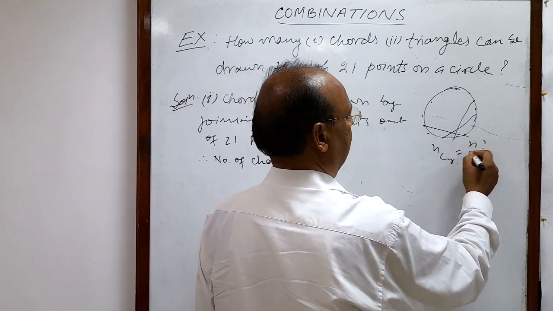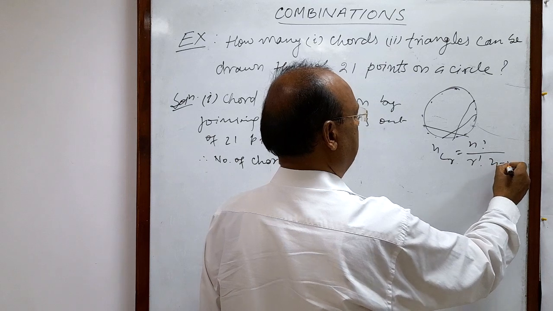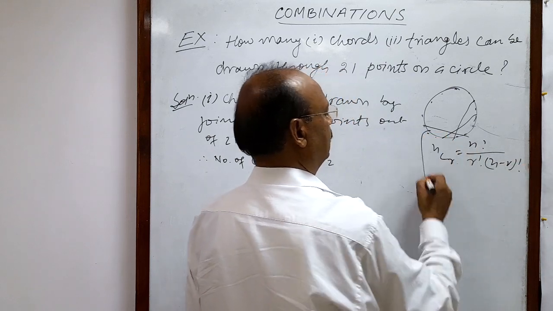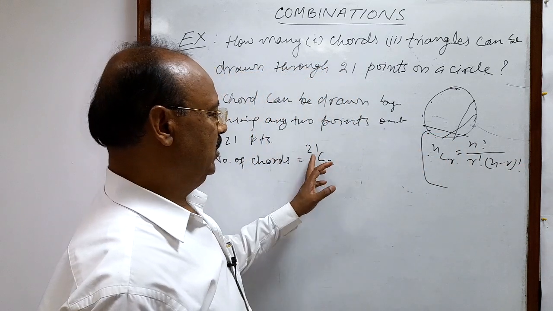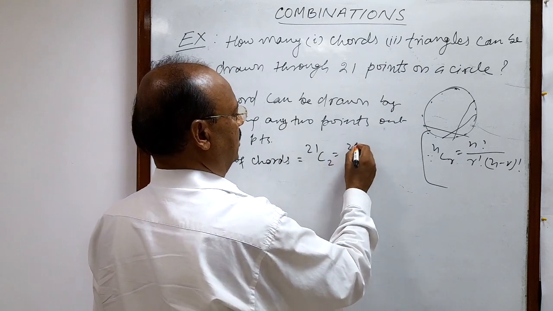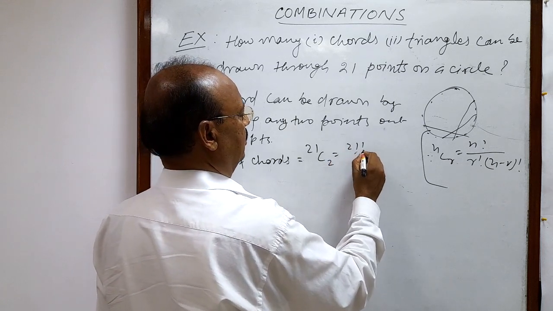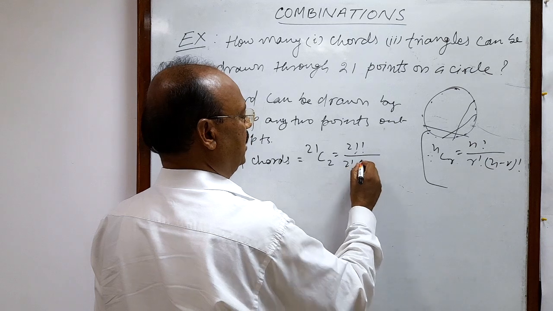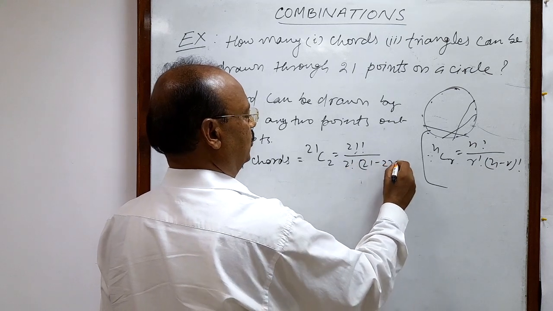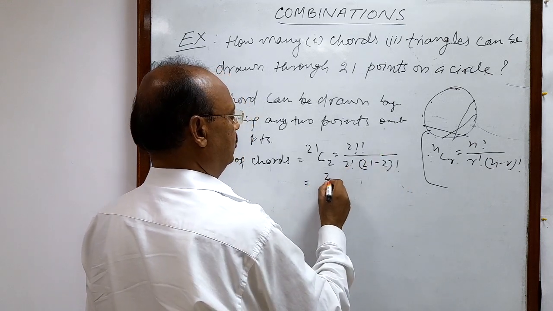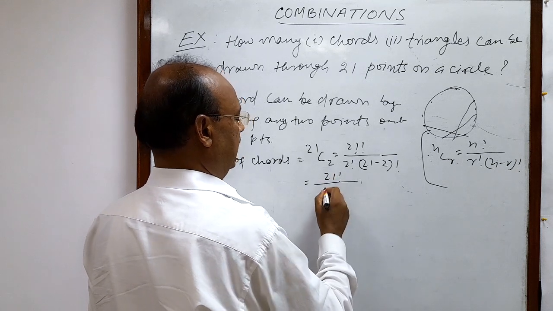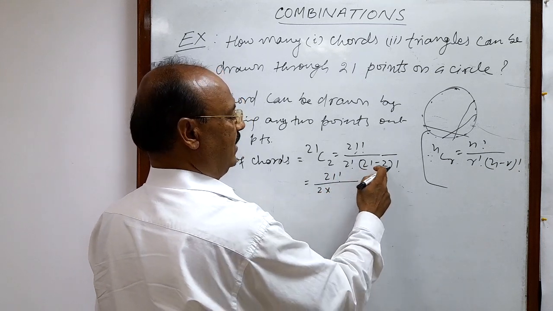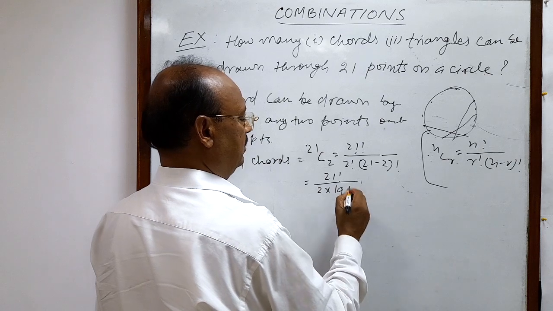For solving 21C2, we use the formula of combination. nCr is n factorial by r factorial into n minus r whole factorial. So 21C2 is equal to 21 factorial by 2 factorial into 21 minus 2 factorial. This is equal to 21 factorial by 2 factorial, which is 2, and 21 minus 2 factorial is 19 factorial.